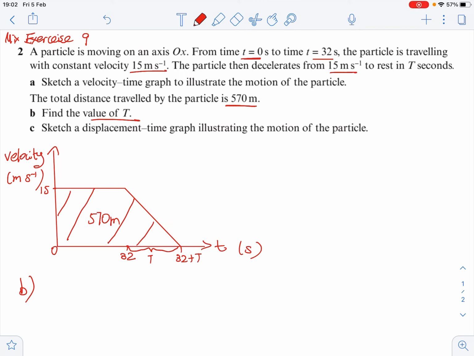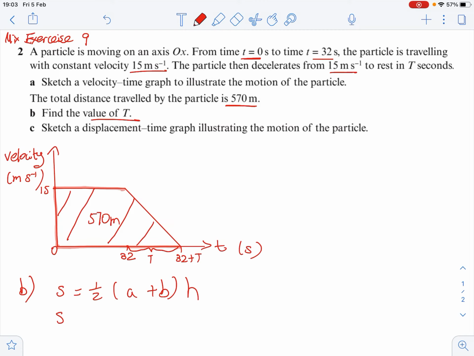As we know, this is a trapezium, so the total area, which is distance, equals half (a plus b) multiplied by height. Our a is this distance here, which is just 32. Then our b is this length here, which is 32 plus t. And this length here is our height, which is 15.